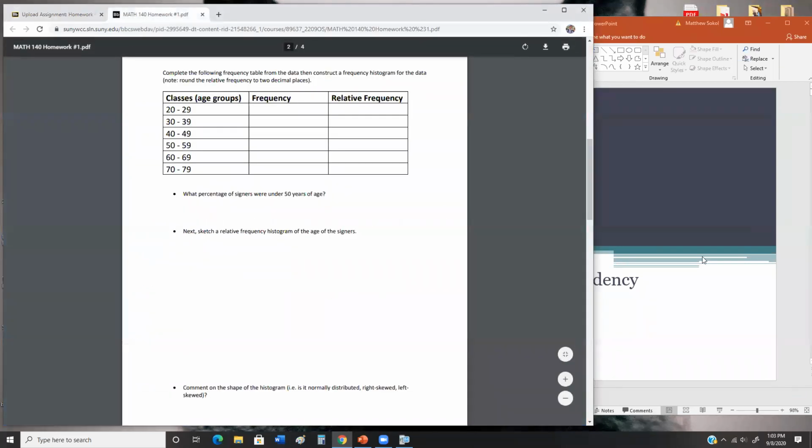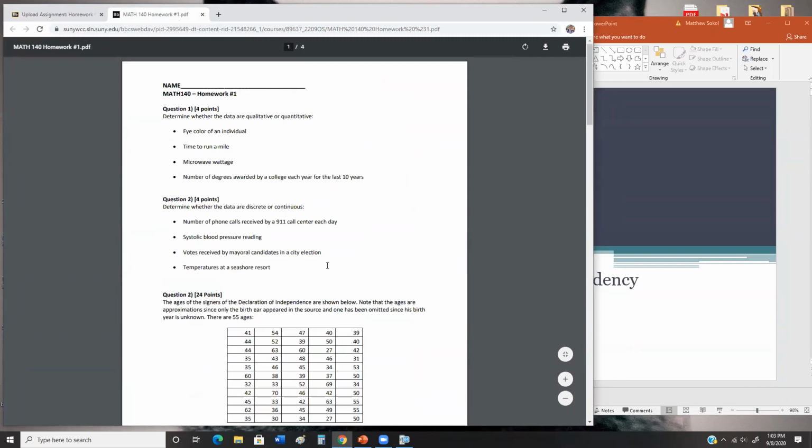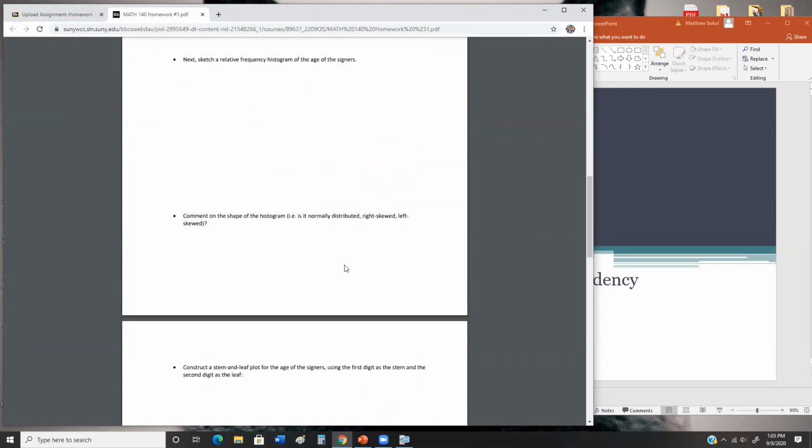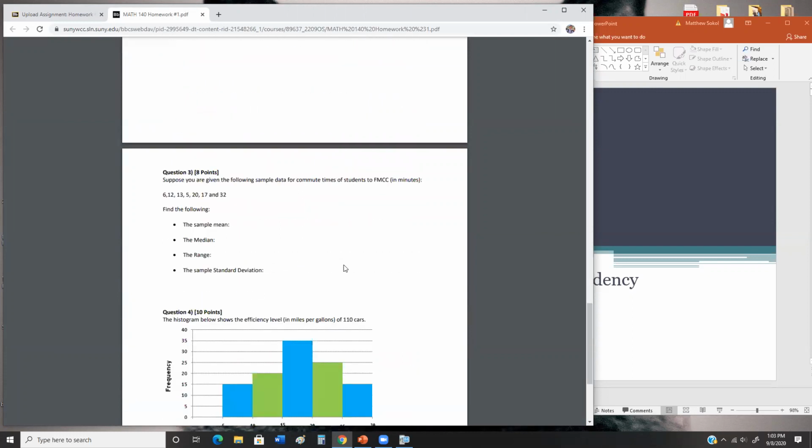I know it seems like a few people have tried the homework. Has anybody else given the homework a shot? Yeah, good. I hope it doesn't take too long for you all. The first homework, I think, is the easiest of all the homeworks.